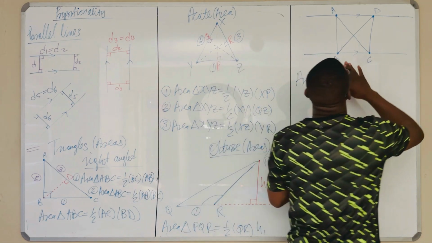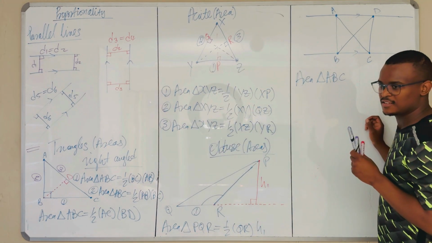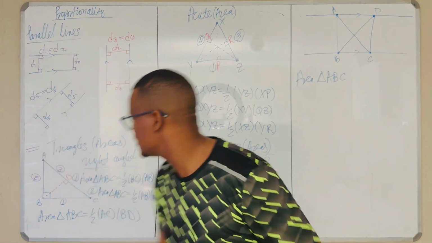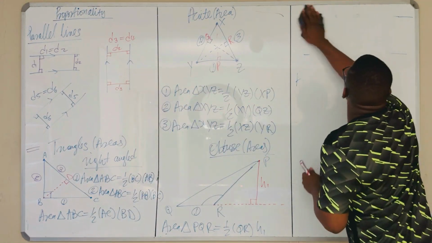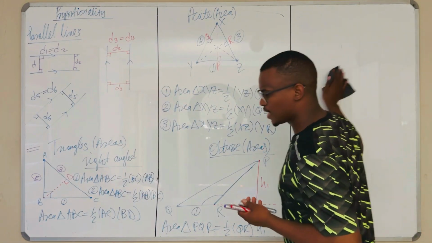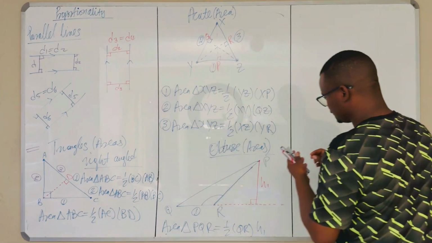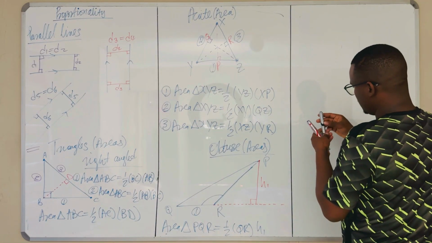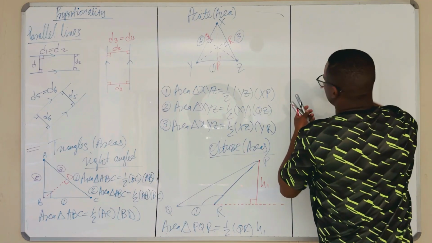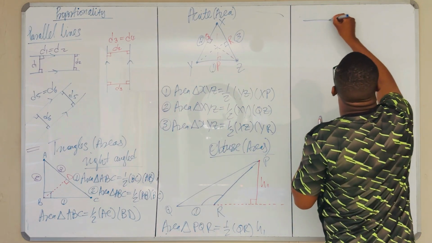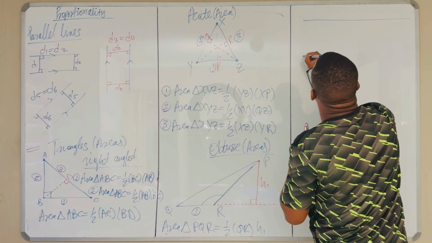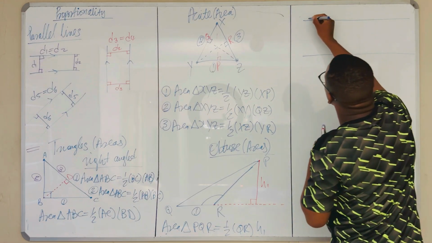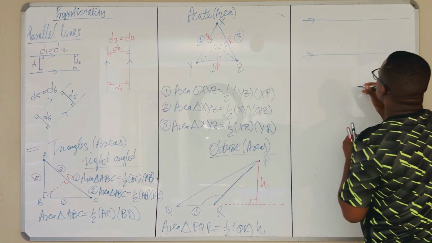Or maybe, you know what? Let me use different colors for this so that it can be very clear. It doesn't look very clear to me right now, so let me try the different colors. Okay. I have this line and I have this line. So let's say these two lines are parallel, right? Yes.